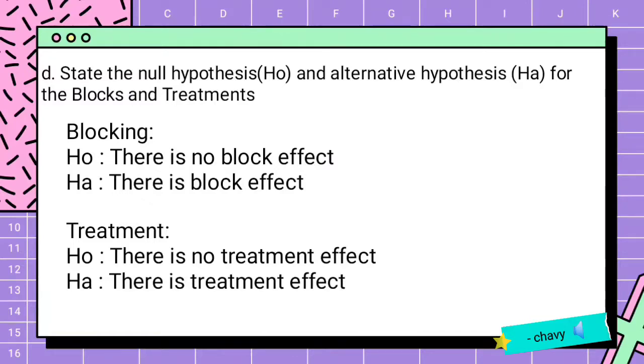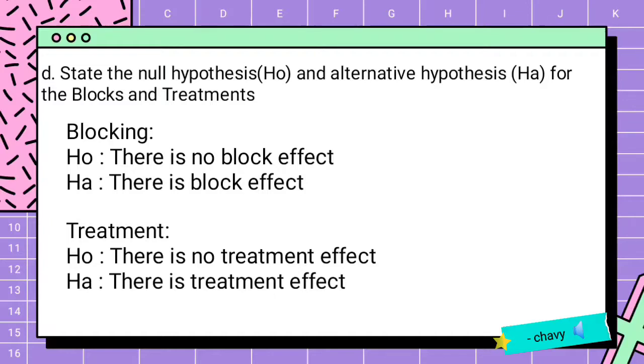So after the illustration of the possible layout of the experiment, we will now state the null hypothesis and alternative hypothesis for the blocks and treatments. For the blocking, the null hypothesis is that there is no block effect, while the alternative hypothesis is that there is block effect.